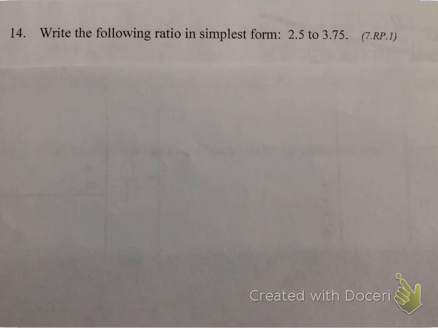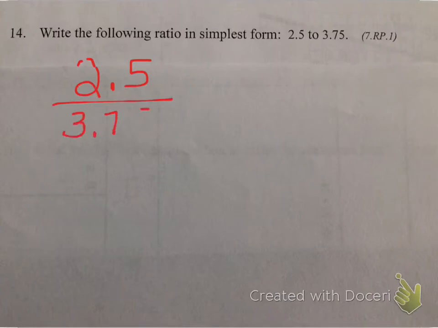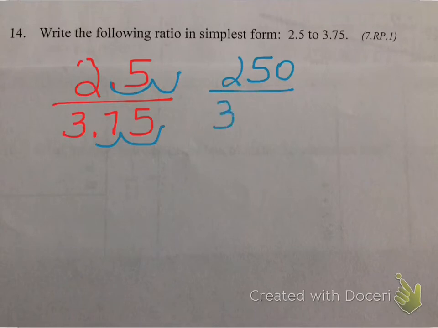2 and 5/10 to 3 and 75/100, writing it as a ratio. Again, I have the way I like to do this, 2 and 5/10 to 3 and 75/100. Okay, the simplest way would be move that decimal out, multiply by 100, so that would be 250 over 375.